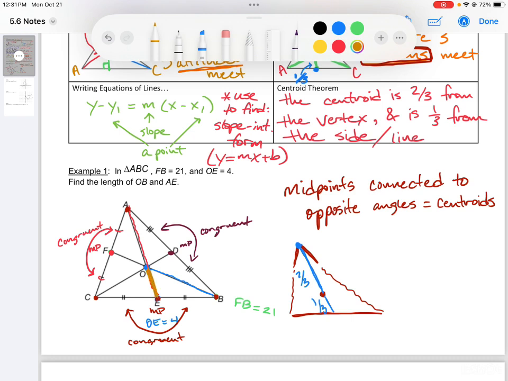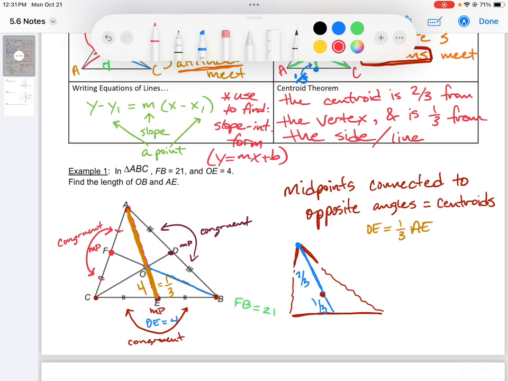And so if I'm looking at O to E right here, and it's 4, I know that it is also 1/3 of this entire distance. So if I use my words here to make an equation, I can say OE equals 1/3 of AE.